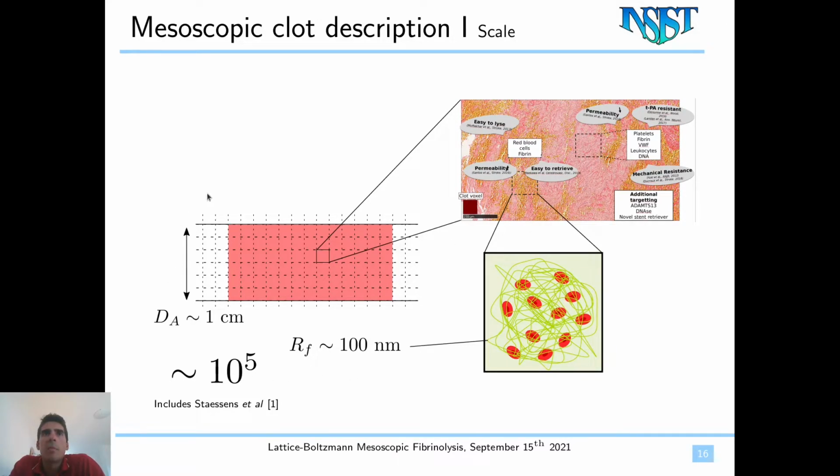But at the same time, we want to be not so coarse as to miss out the heterogeneities of the thrombus, because thrombi are most of the time heterogeneous. So one should place oneself at the scale between the pore scale and the macroscopic scale.